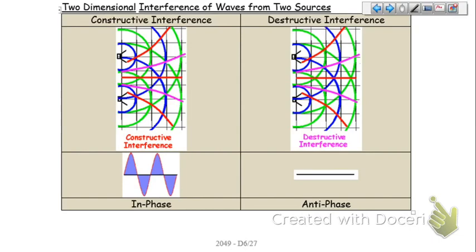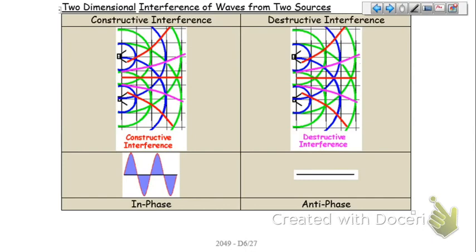I can visualize the same thing really well using ripples on water. So imagine I have a bath and I have two little plungers which cause ripples. And the wave travels out relatively slowly because it's a ripple. And so here are the waves. I did a blue wave meaning a crest. I did a green bit meaning a trough.